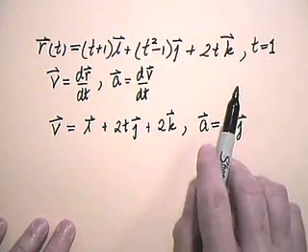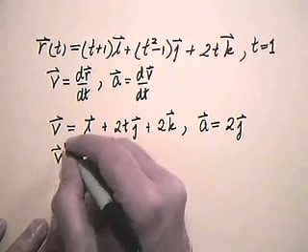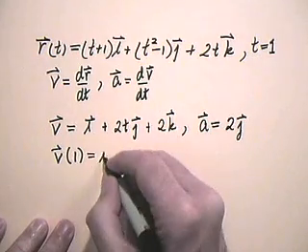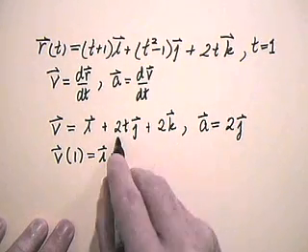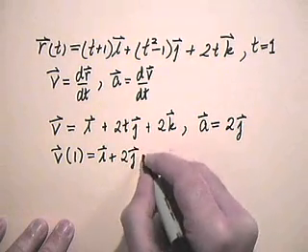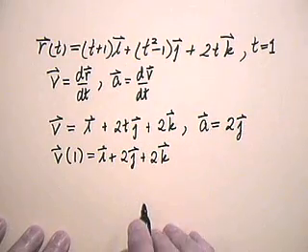So now, what's the value of velocity at t equals 1? Our velocity at time 1 is i plus 2 times 1 times j, which is 2j, plus 2k. What's our speed?